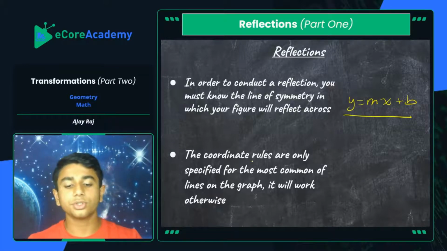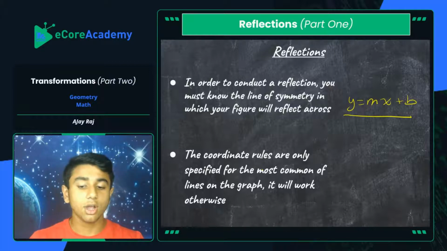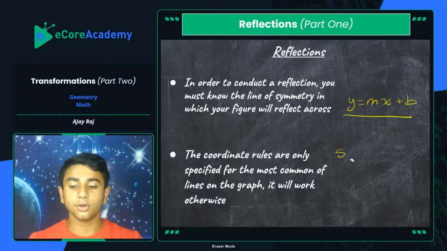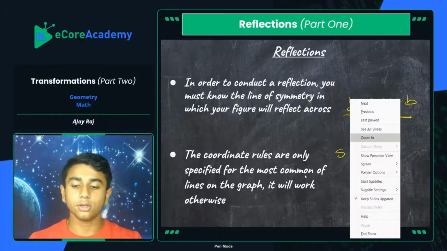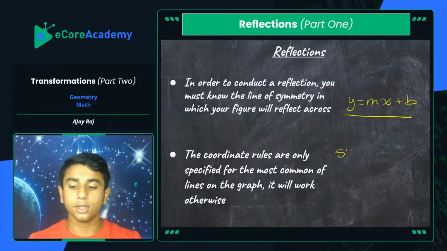And the coordinate rules that we're going to give you here for reflections are only for the most common lines on the graph, but it will work otherwise. So basically what I'm saying is coordinate rules are shortcuts. They're merely shortcuts on a coordinate plane for conducting a transformation.